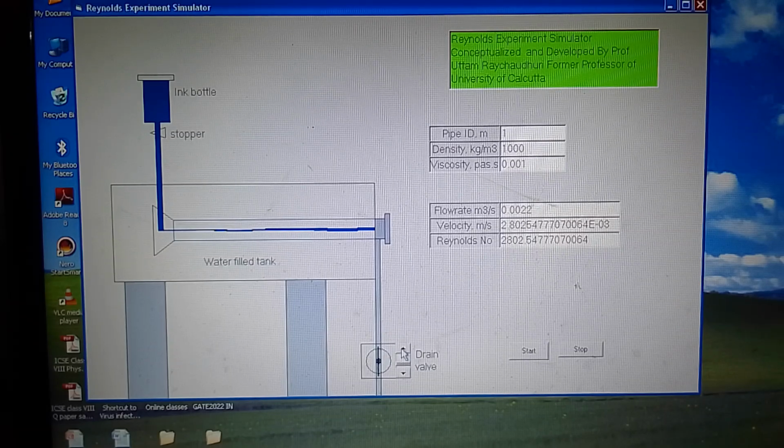See that it is still not separated, but the thickness is increasing gradually, indicating there are some ripples. So I am going quickly, increasing the Reynolds number, and observe that the flow is changing, the velocity is changing, the Reynolds number is changing.